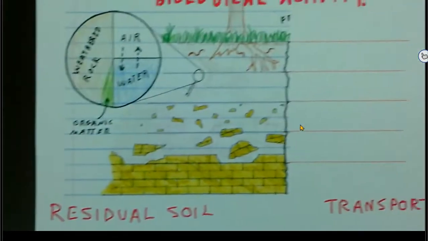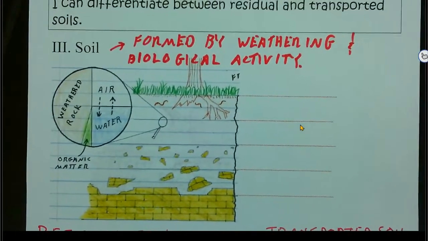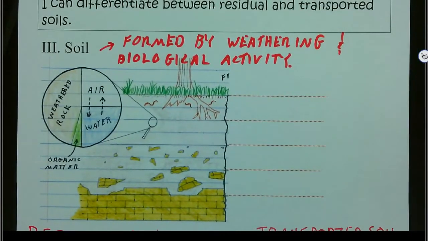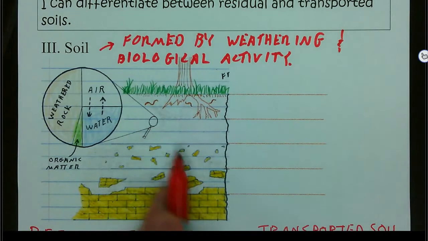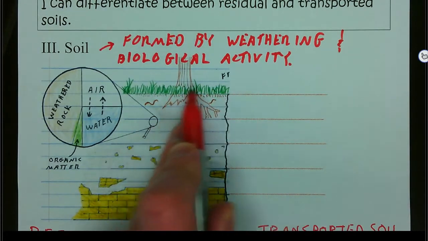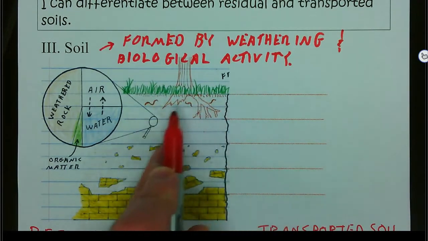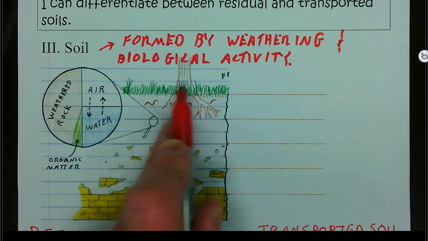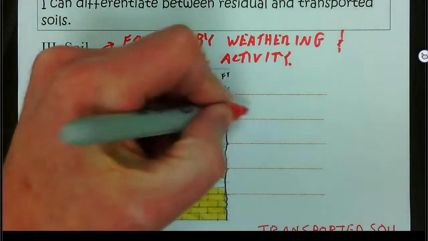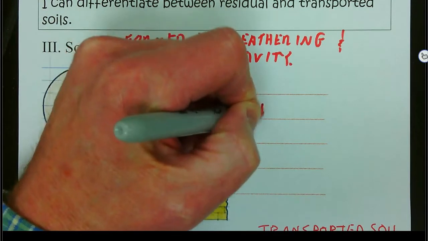As the soil forms over time, it's going to create what look like layers, and we call them different horizons that have different characteristics. So this top layer right here, which has most of the organic matter from this biological activity, is called the O horizon.